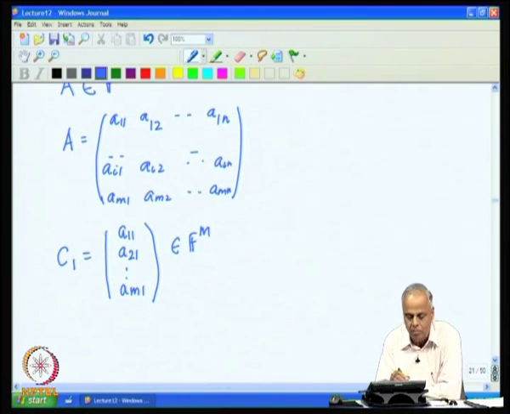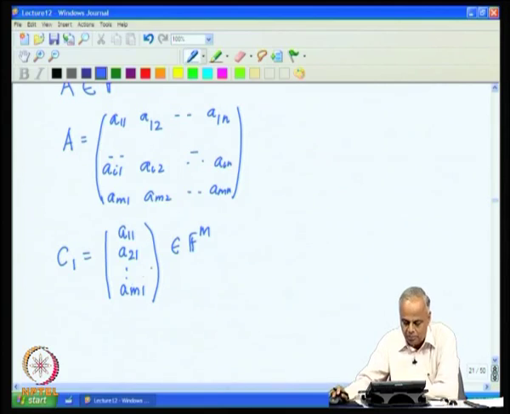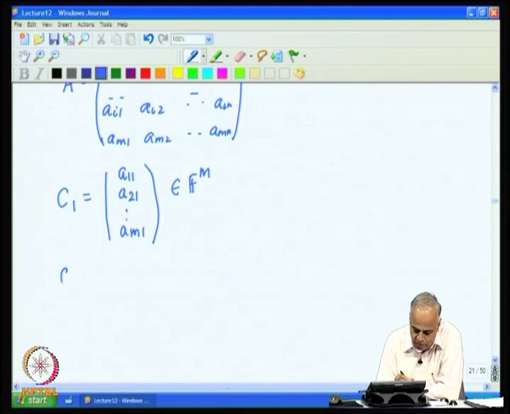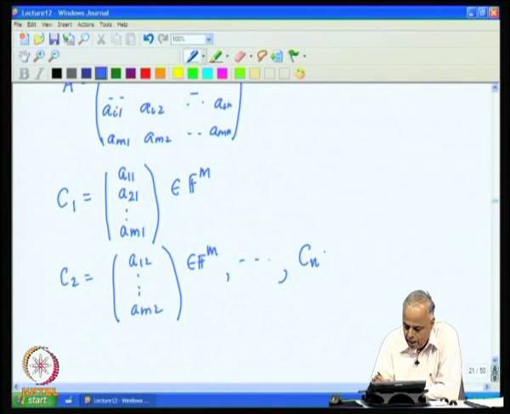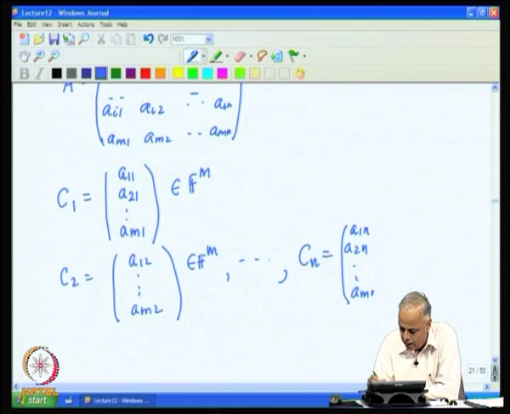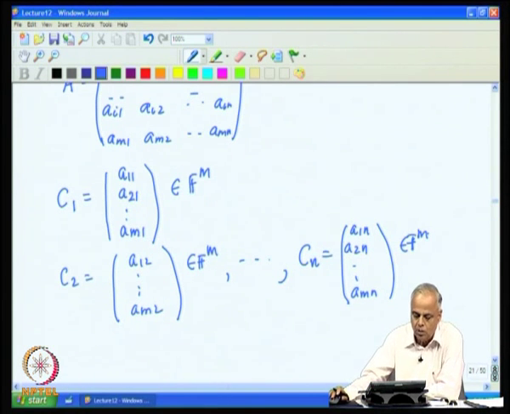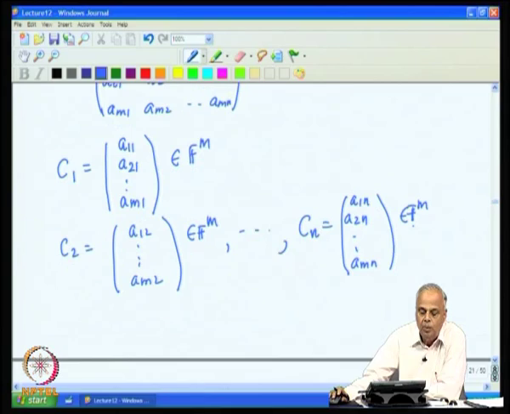It is in Fm because there are m entries here. Similarly, C2 is a vector A12, Am2, that is also in Fm, and so on, and the nth column, which is A1n, A2n, Amn, is also in Fm. So, each column belongs to Fm.